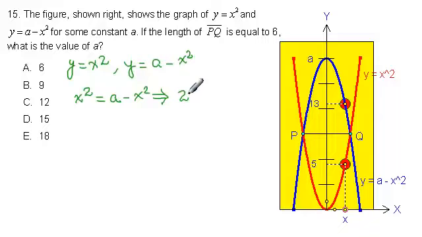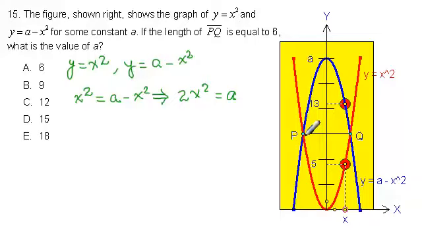This gives me 2x square is equal to a. So a is 2x square, and I can find the value of a if I know the value of x.